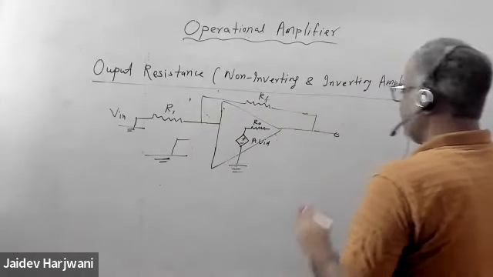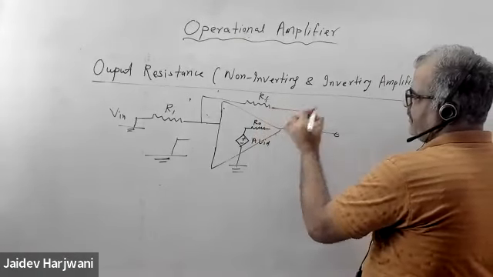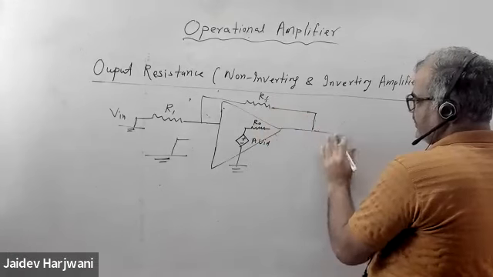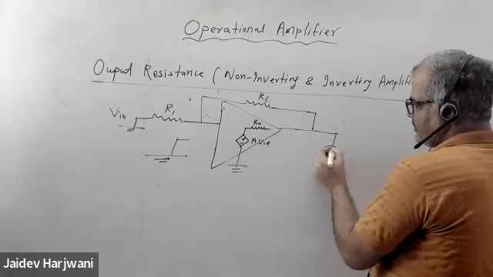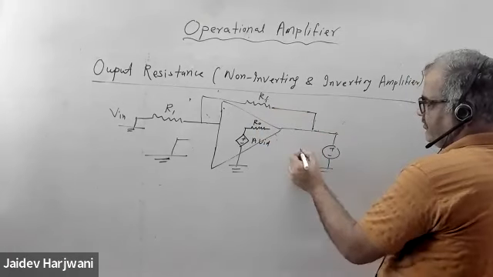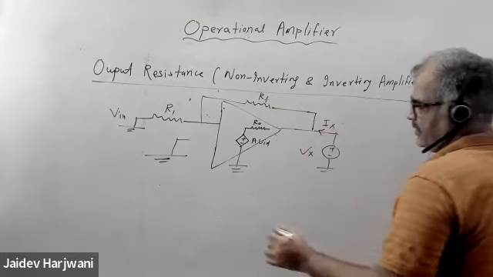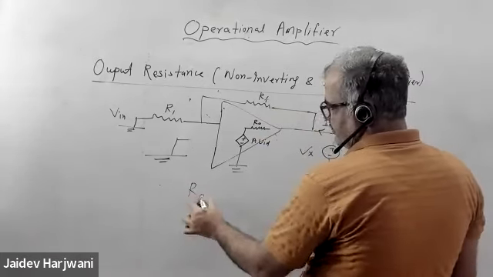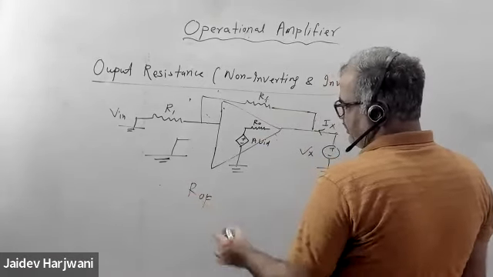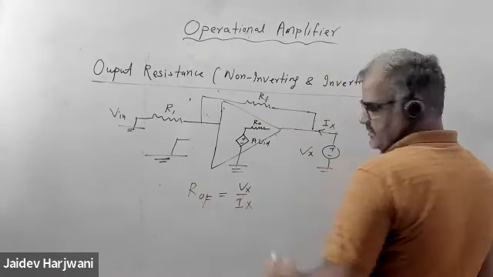Now in order to calculate output resistance, I assume I am putting a source here, Vx, and I am measuring output current Ix. So our output resistance with feedback will be simply Vx upon Ix.